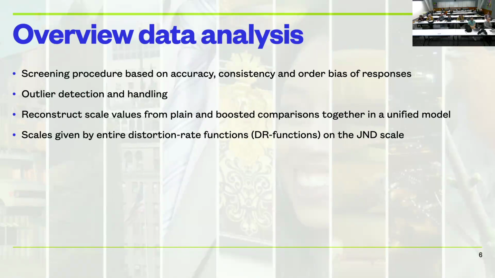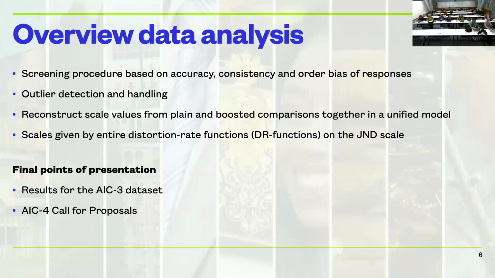So I will present the screening procedures based on accuracy, consistency, and order bias of responses, our outlier detection and handling method, and then how to reconstruct the scale values from the plain and the boosted triplet comparisons together in a unified model. And then the scales should be given by entire rate distortion functions, or distortion rate functions rather, on the J&D scale. So we do not compute a scale value per stimulus, but a scale value for all of the bit rates in the range that we are testing.